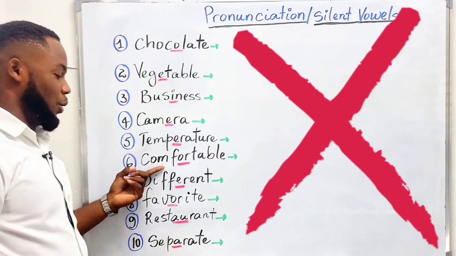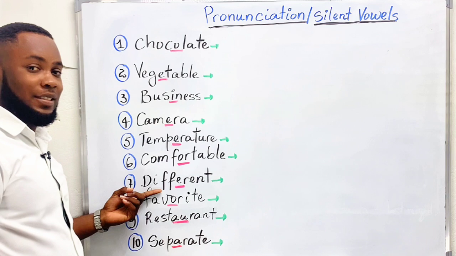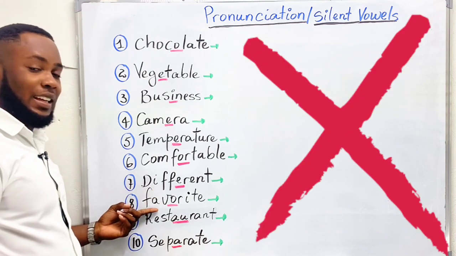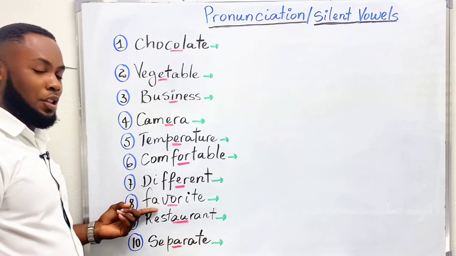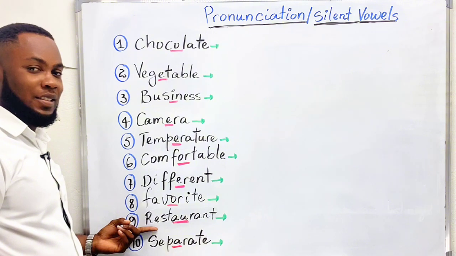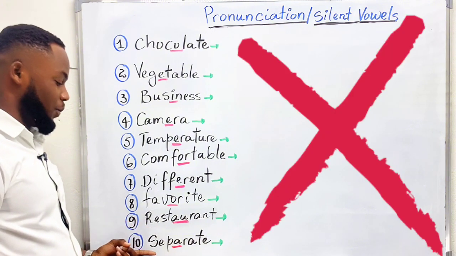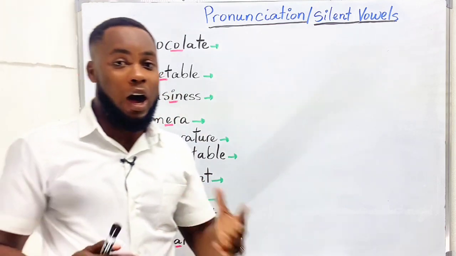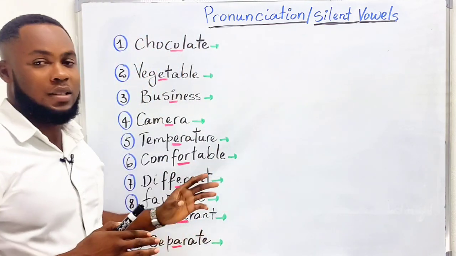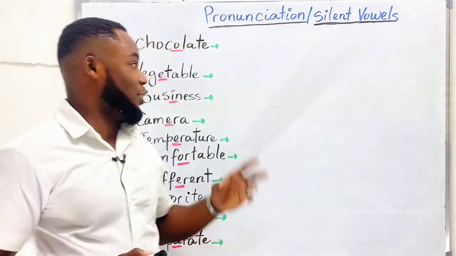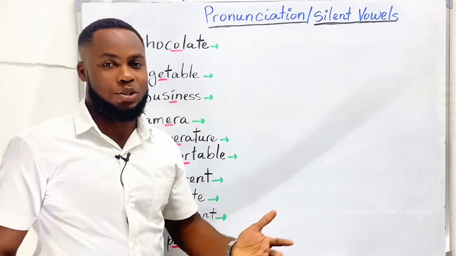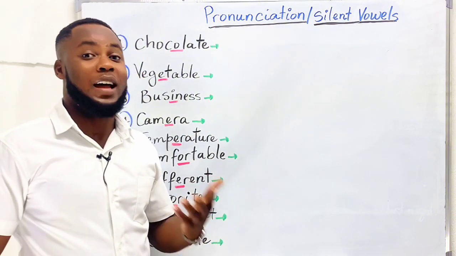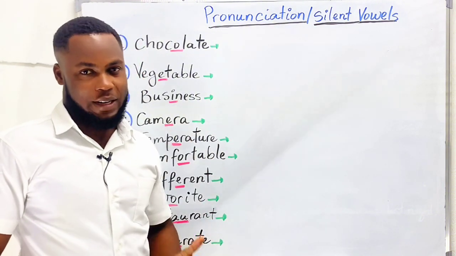Comfortable. No. The seventh? Different. No. Next? Favorite. No. Restaurant. No. Separate. No. Okay? You see how you pronounce these words? They are not correct. Alright, so I'm going to teach you how you can pronounce these words correctly in English.